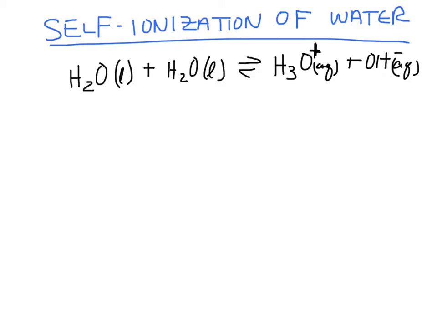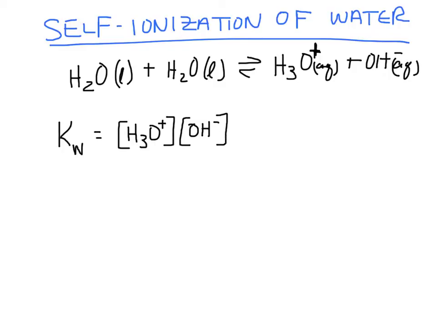Okay, and then we talked about the ionization constant or the equilibrium constant of water. So K is our equilibrium constant. W is of water. And when we work that out, we get the concentration of hydronium ions times the concentration of hydroxide ions.